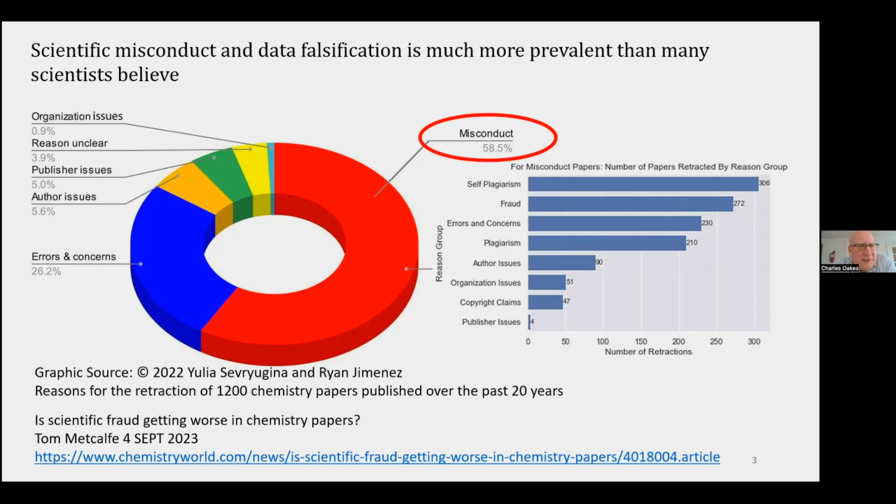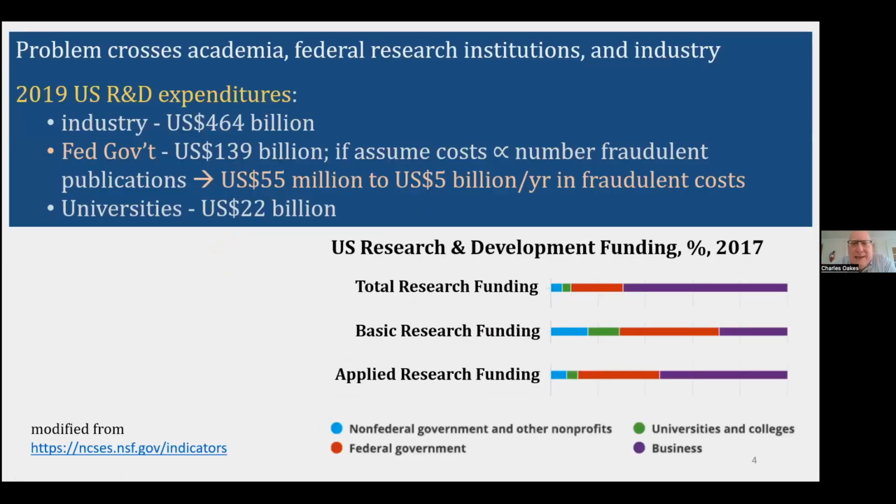So I suggest people might want to look at that. They found that over the past 20 years, 60% of the retractions have been due to misconduct. And that involves things like flat out fraud, things like fabrication, self-plagiarism, plagiarism of other people's works. So I just suggest that people pay attention to that sort of thing.